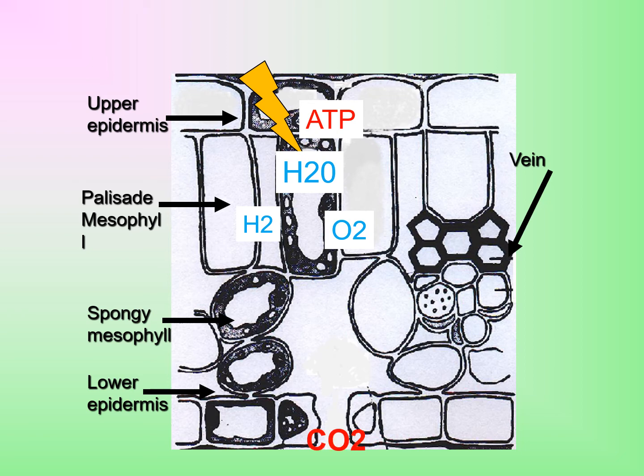Now, here we have the carbon fixation stage. Carbon fixation, carbon dioxide involved, and the carbon dioxide comes through the stomata. What's the role of carbon dioxide? Well, it's looking for the hydrogen. It's going to join with the hydrogen to form glucose with the help from energy from ATP.